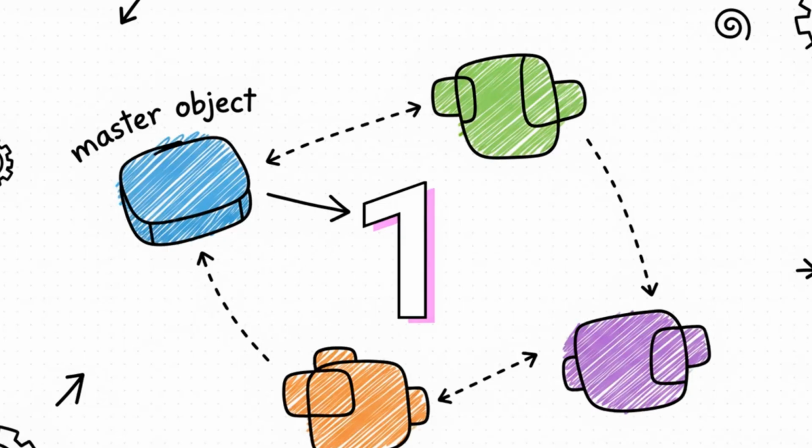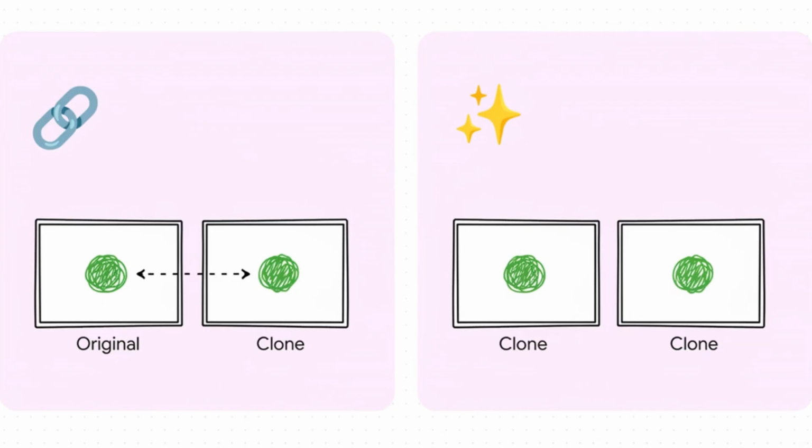But it's not all sunshine and rainbows. There is one major challenge that comes with cloning, and it all has to do with how deep that copy really goes. And this right here, this is the most crucial part. You have to understand the difference between a shallow copy and a deep copy.